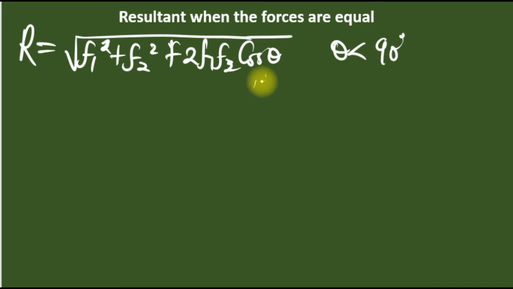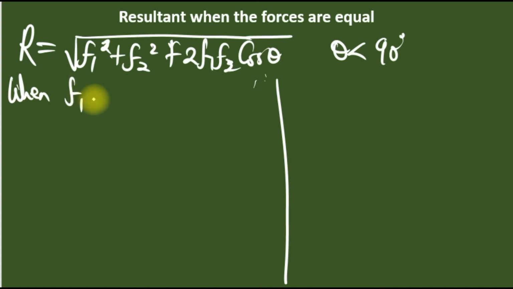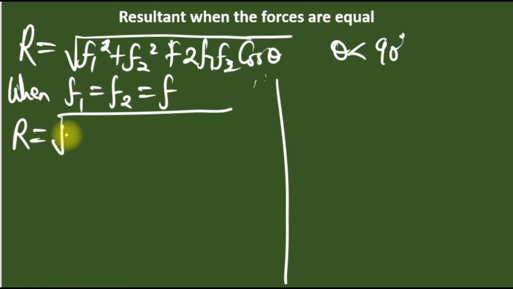So let's now get a very important formula. When the forces are equal, that's F1 equals F2, let's replace it with F. They are the same. You see that the resultant is now the square root of F squared plus F squared plus 2F squared cos theta.